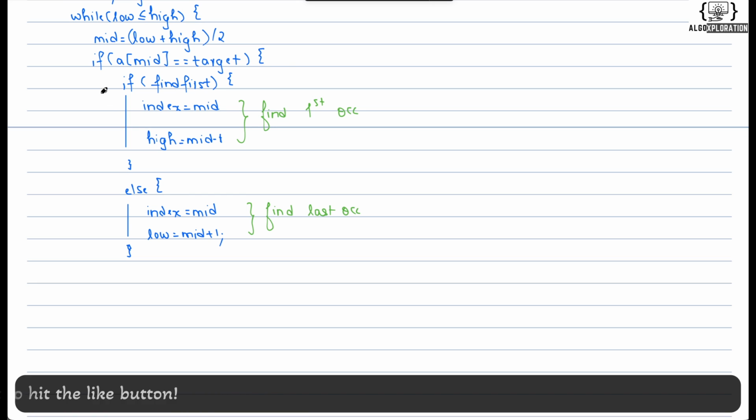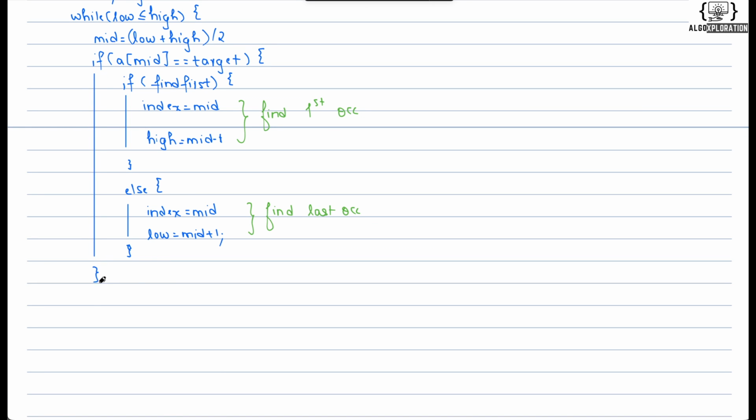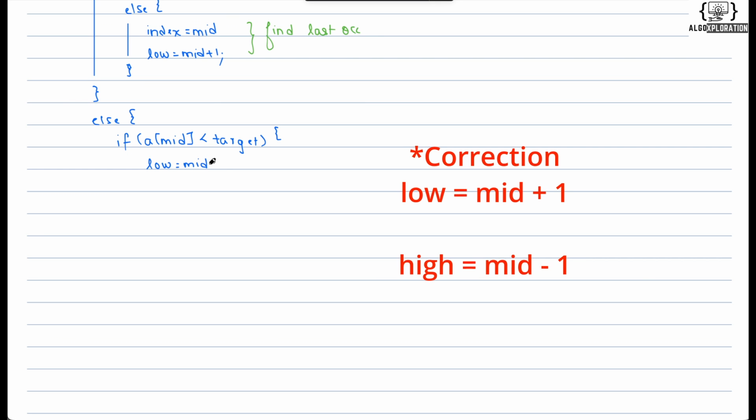Now if a of mid is not equal to target, so else if a of mid is lesser than target, that means the target is bigger, so we have to go to the right hand side. So low will be mid plus 1.